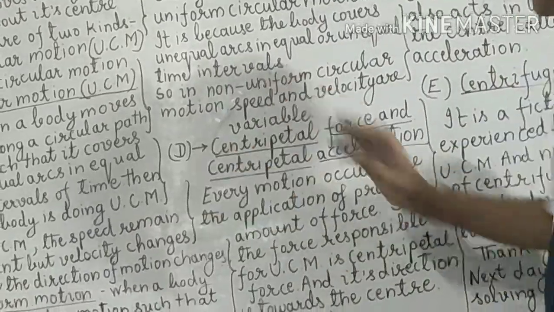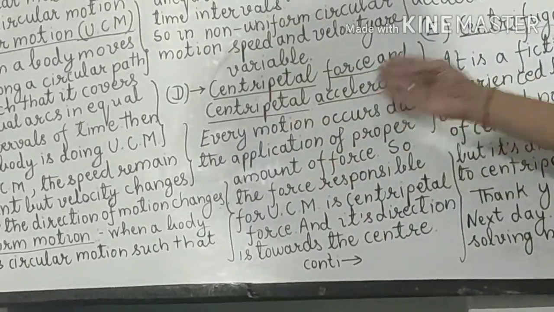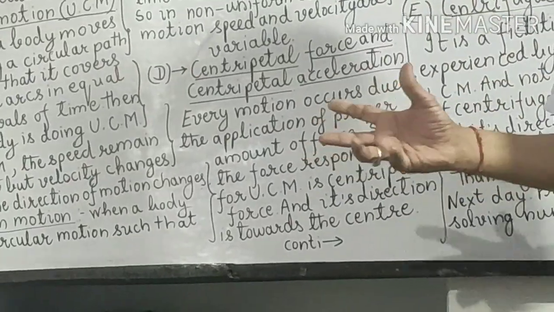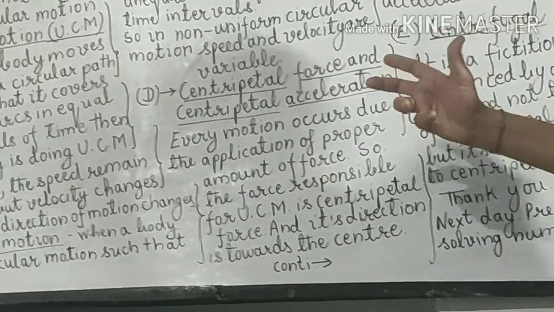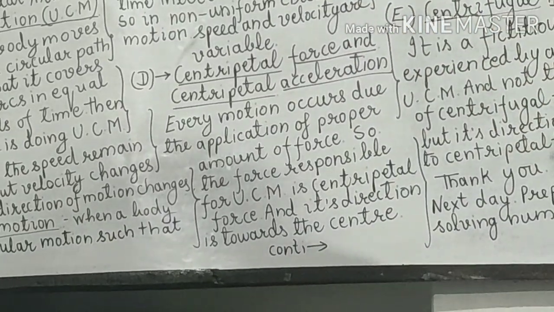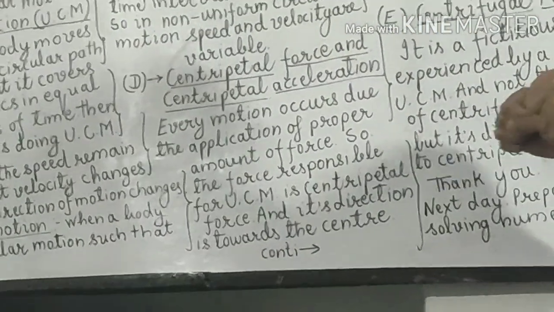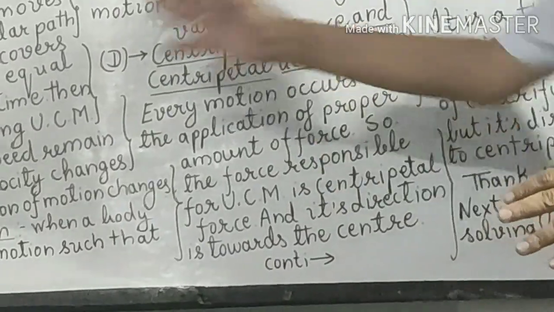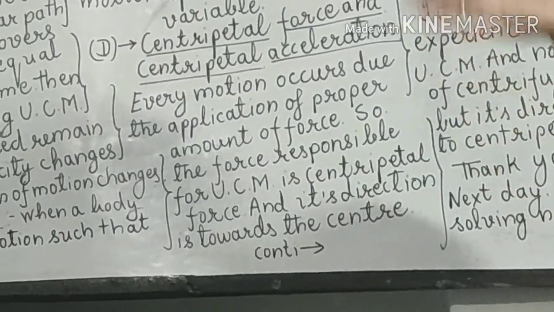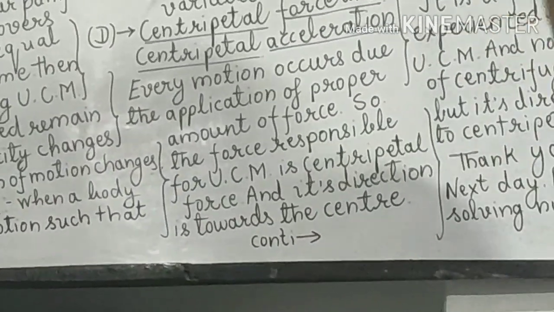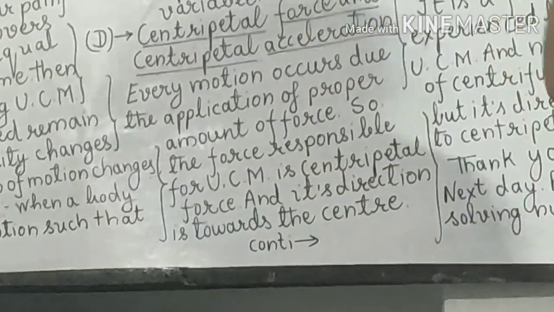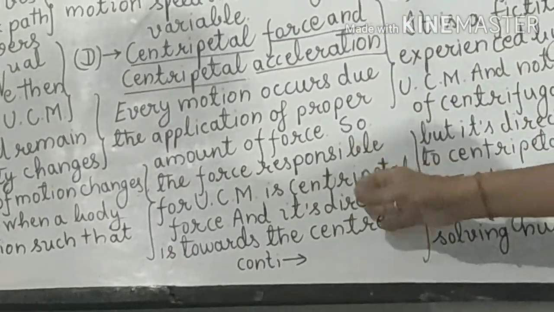Then the D part. It is centripetal force and centripetal acceleration. Every kind of motion occurs due to the application of a proper and adequate amount of force. So UCM, uniform circular motion, is also a circular motion happening on a circle. For this, force is also needed.